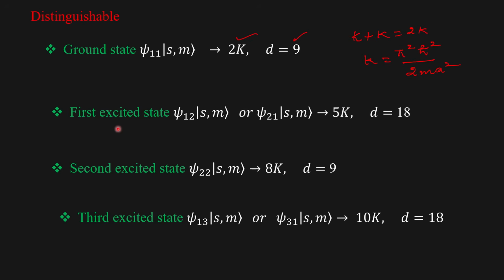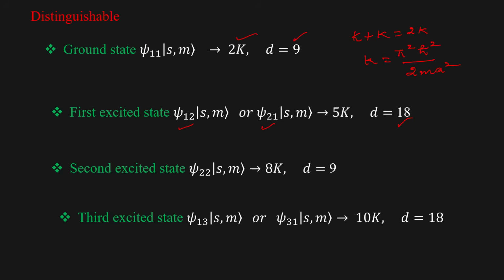Similarly, what will happen to the first excited state? The first excited state is psi 1 2 χ_sm or psi 2 1 χ_sm. Since the particles are distinguishable, this and this are different. So naturally here you have 9 states, here you have 9 states. Totally you have 18 states.